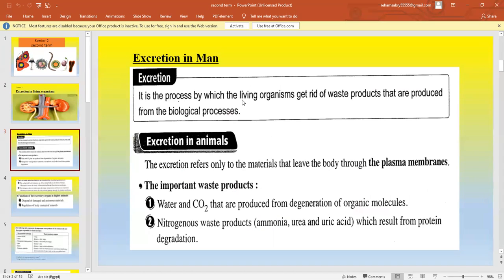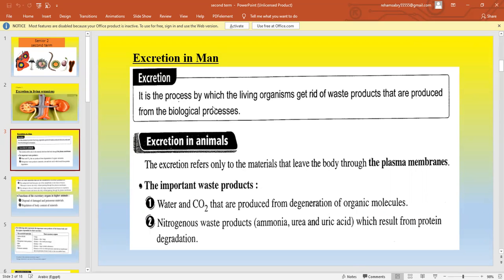Excretion is a process by which living organisms get rid of waste products that are produced from biological processes. We know that our body is always carrying out biological processes, day and night, with the help of chemicals, with the help of enzymes, and so on.